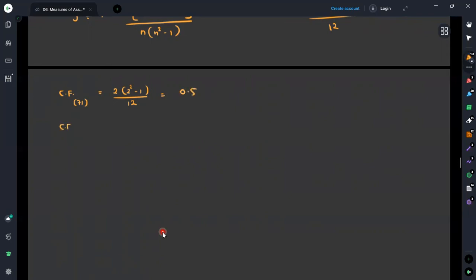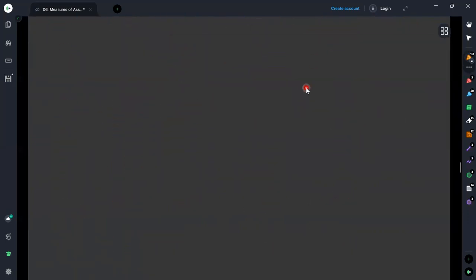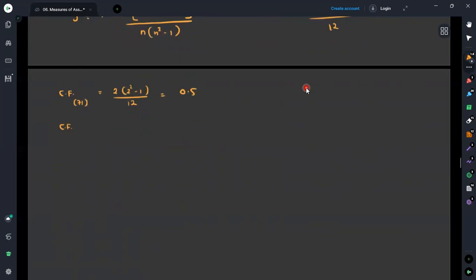Then we need to calculate the correction factor for the others as well. For 66, we can see again 66 repeats 2 times, then 2 squared minus 1 over 12. Here also we are getting the correction factor as 0.5.